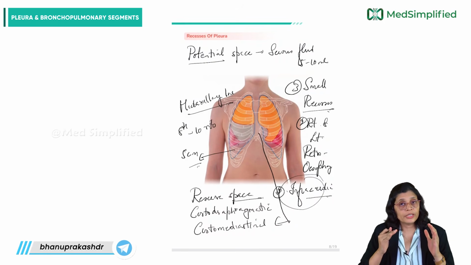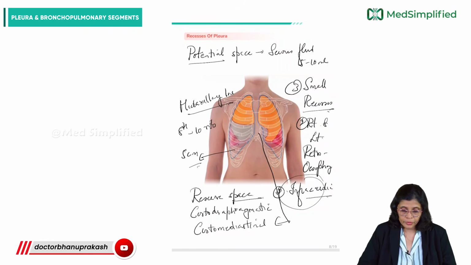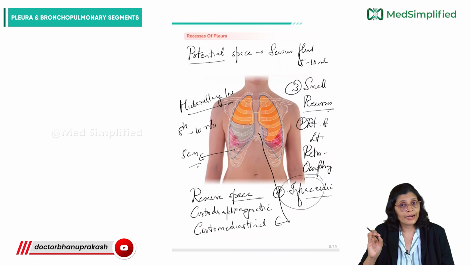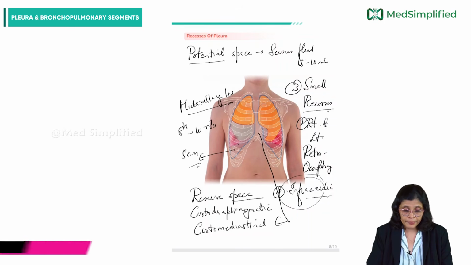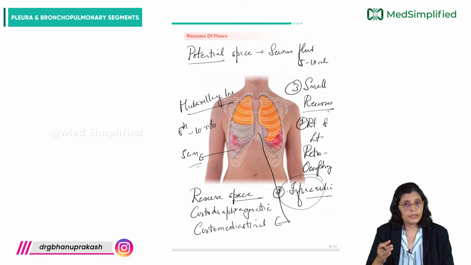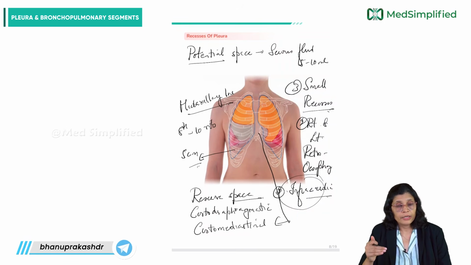Then, when we talk about the nerve supply of the parietal and visceral pleura, it goes with the development. The parietal pleura is formed by the somatopleuric layer of the lateral plate mesoderm, so it is supplied by somatic nerves, because of which it is sensitive to pain. The costal pleura and the peripheral part of the diaphragmatic pleura are supplied by the intercostal nerves, whereas the central part of the diaphragmatic pleura and the mediastinal pleura are supplied by the phrenic nerve.